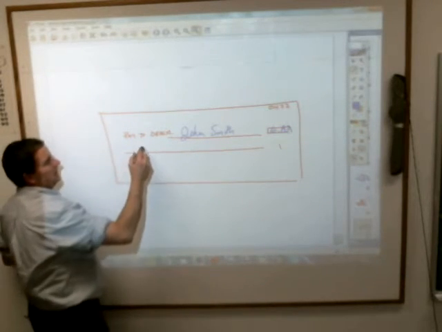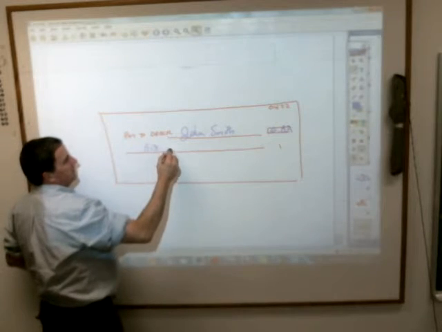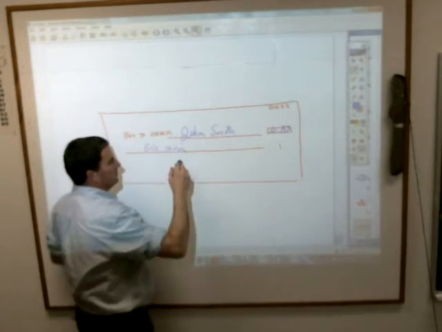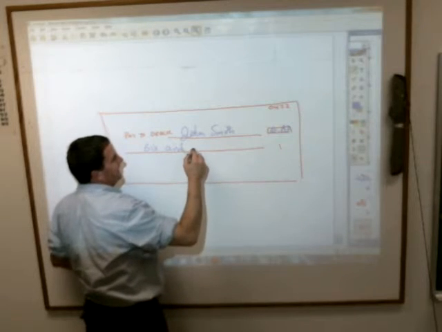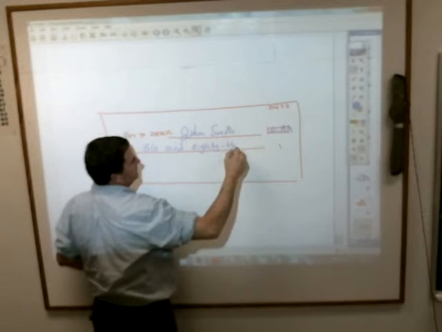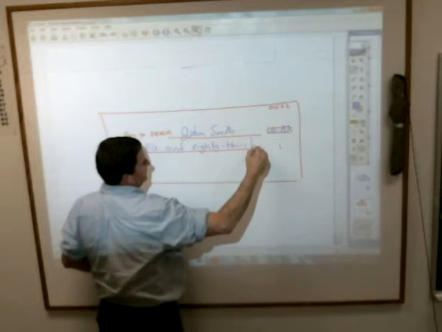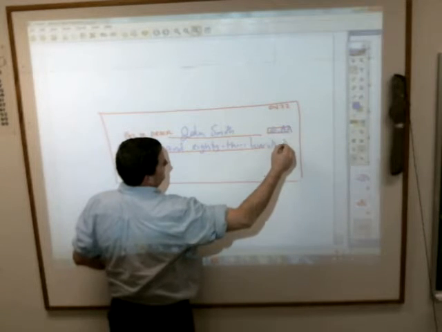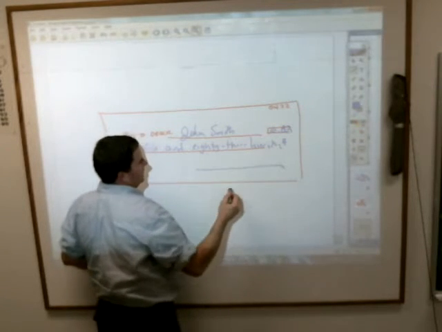So you'd say 6 and, usually people don't write out the decimal because there's a fraction there, but you'd write 6 and 83 hundredths dollars. And then you have to obviously sign it down here.